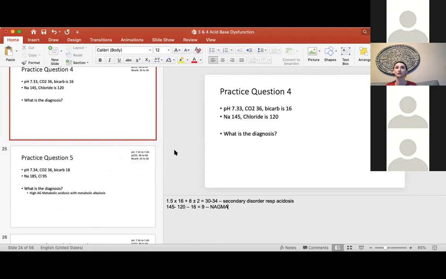So the diagnosis is going to be a metabolic acidosis with a respiratory acidosis. And it's a normal anion gap metabolic acidosis with respiratory acidosis, which is the official definition, which would be NAGMA.